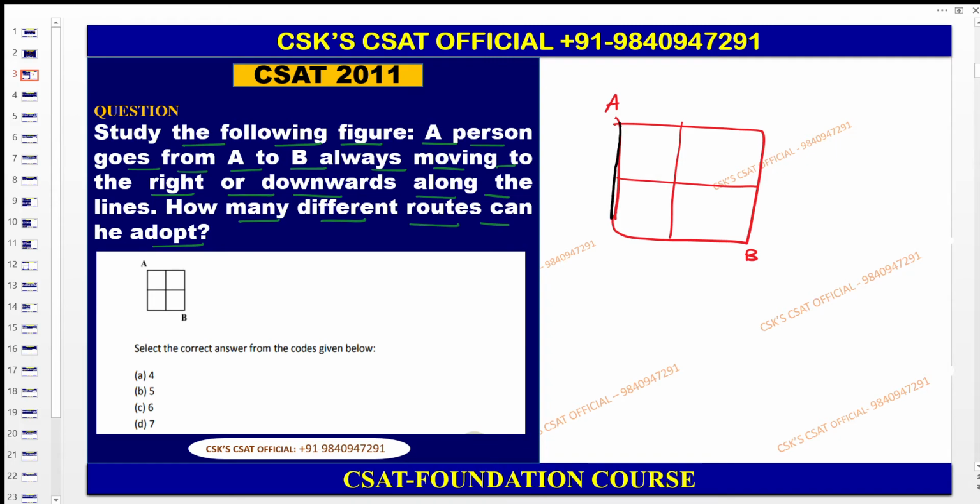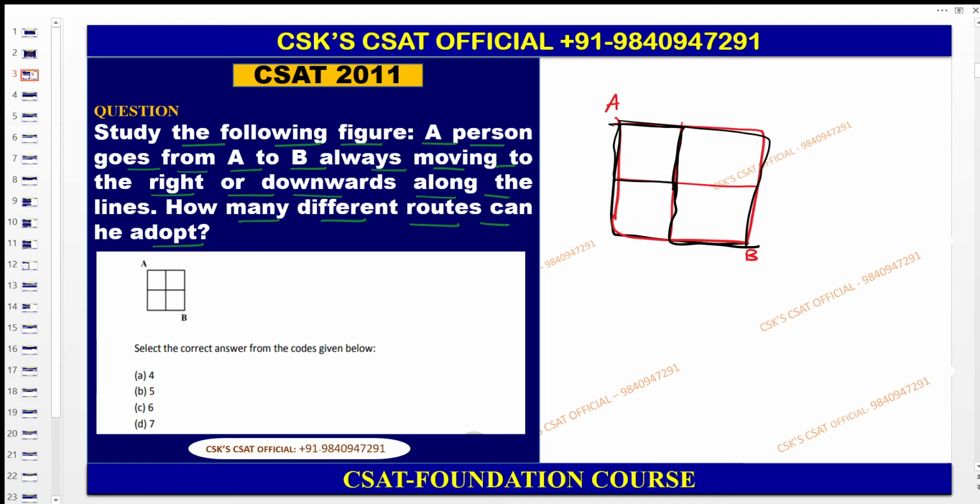Just you can go here downwards, right? 1, then like this you can go downwards, and then this is downward. You can go in this way also. So therefore 3 here, then 4 here.